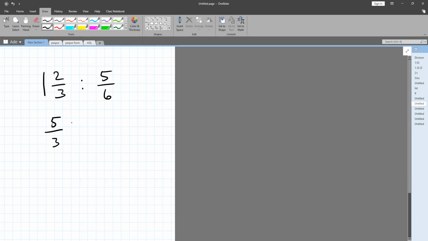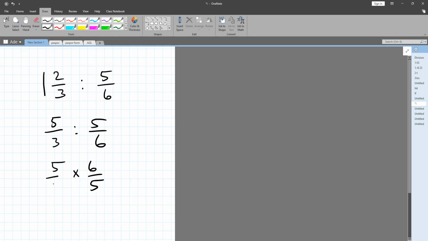Okay, good. So that's the way you do it first. If you have a mixed fraction like this, you have to change it. Now you divide by 5 on 6. Now I haven't flipped it here. What I'm doing is just changing from a mixed fraction into an improper fraction. So now I'm flipping it.